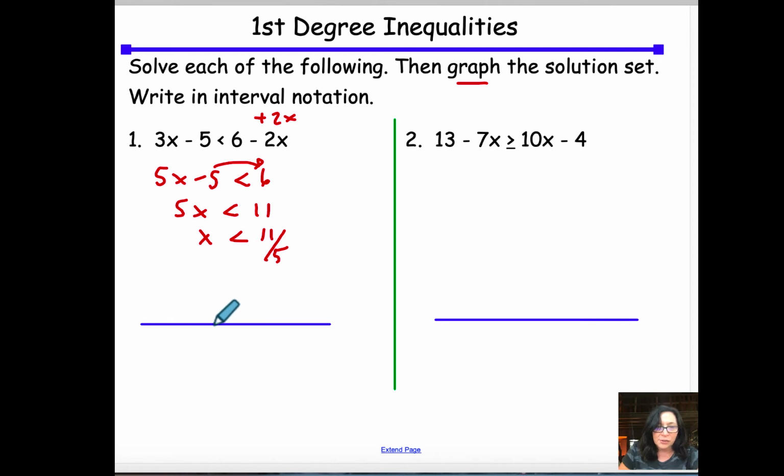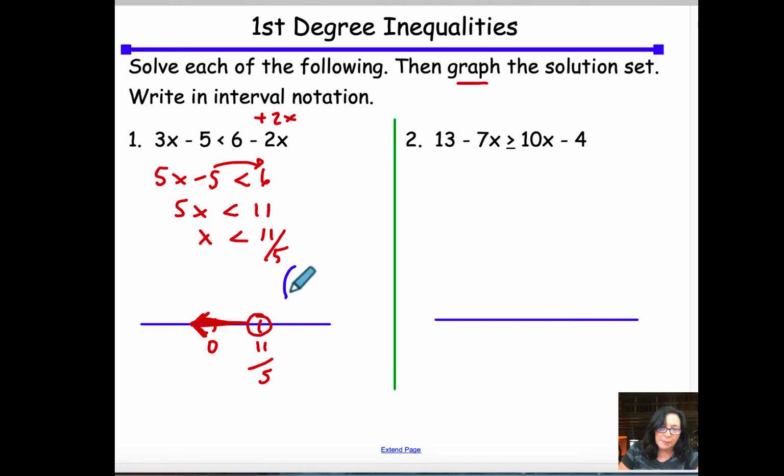I like to put just 0 on the number line and also the value that I got, so we have 11/5. x is less than 11/5. That means it's not equal to that value, but it's less than, so our arrow is going to go in that direction. Now, putting this in interval notation, it's less than that value, but see how this is going to infinity in the negative direction?